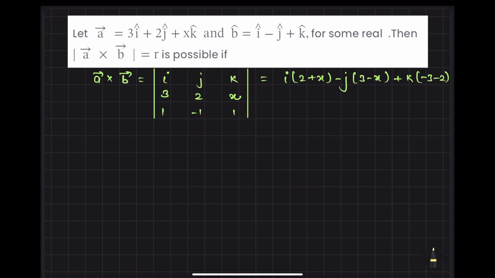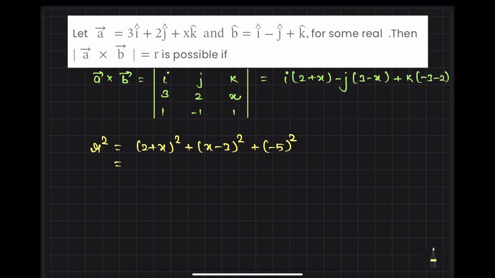So can I do squaring on both sides? Can I say that r square will be equal to 2 plus x whole square? Here we have minus, so I'll send the minus inside: x minus 3 whole square, then minus 5 whole square.